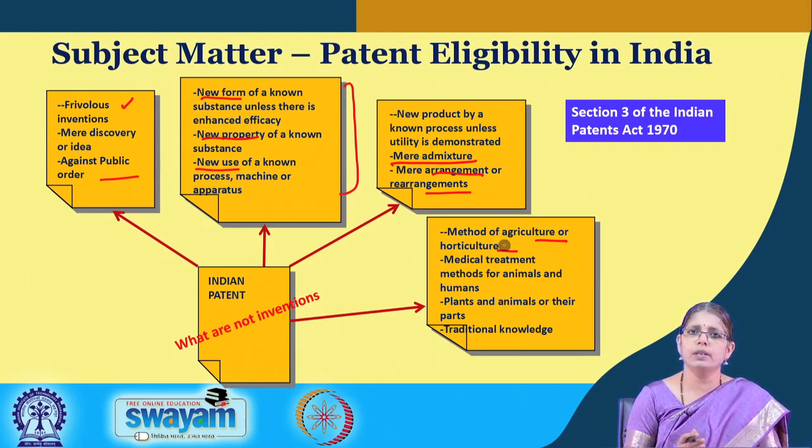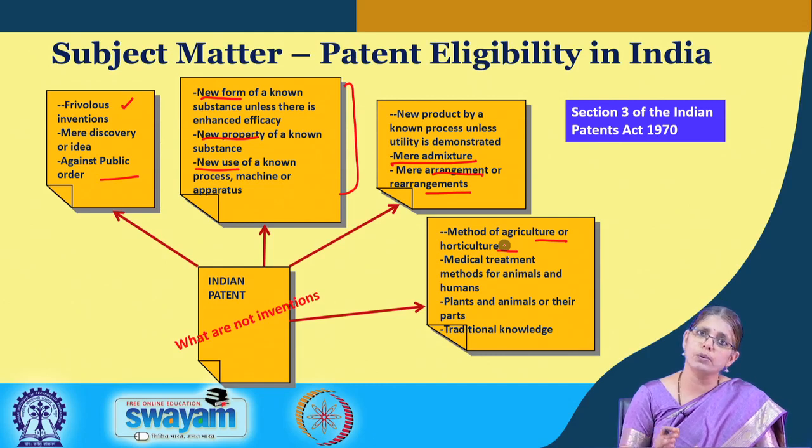And if one would look at the interpretation of the word agriculture, agriculture would involve agriculture processes, including the cultivation practices associated with agriculture. So, prawn cultivation, fish cultivation, all of that could come under the purview of agriculture.